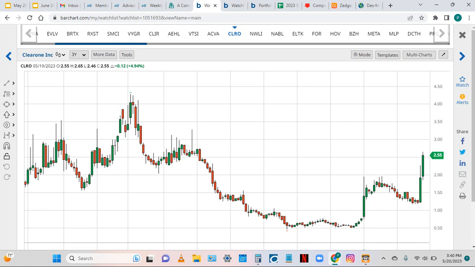Clear One Inc. Buy, sell, or hold. You got 10 seconds. So that one looks pretty strong, right? It's definitely had some time for the market to digest this through this area.